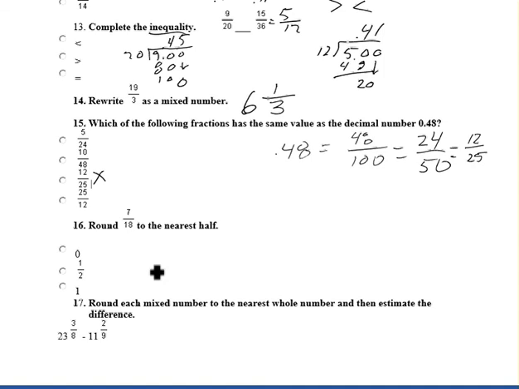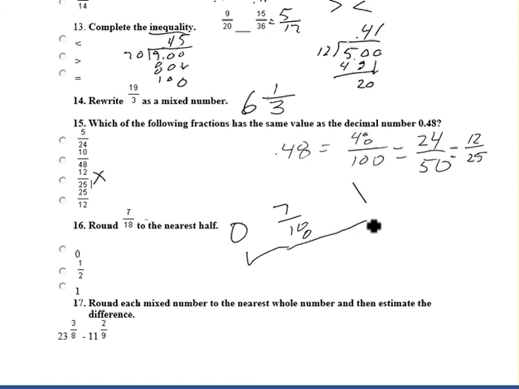Round 7/18 to the nearest half. Well, half of 18 is 9. So we have 7/18. It could be 0, or it could be 1.